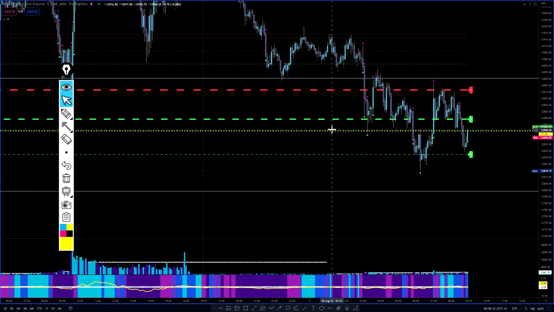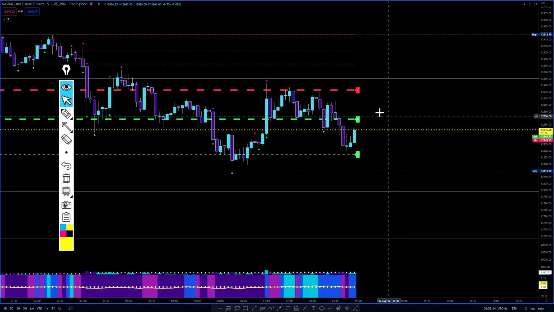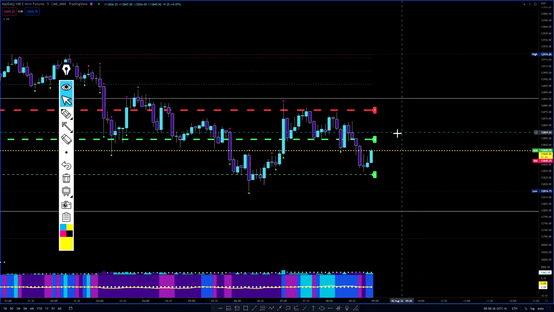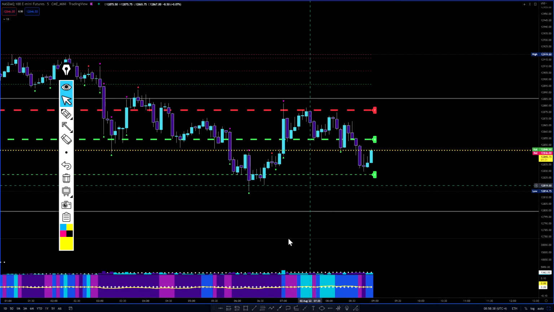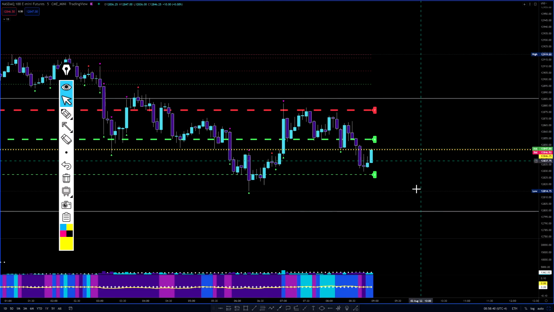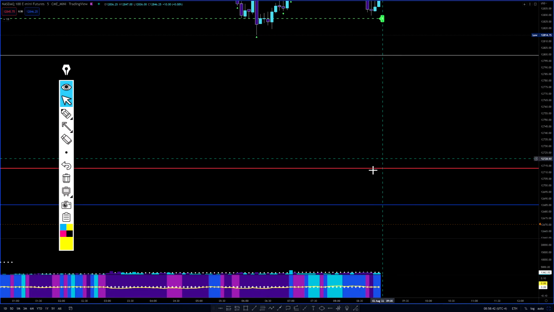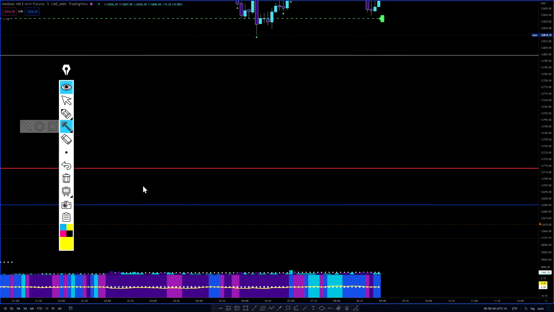This is like the middle Camarilla levels, so it doesn't suggest anything direction-wise. This is kind of like a support level before the real support level of S3, which is this red line right here. That's 12,713.25, right? So that's the real support level there.